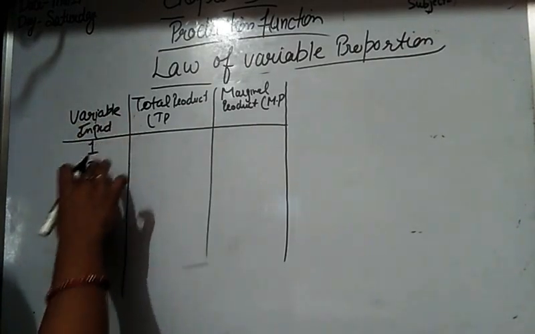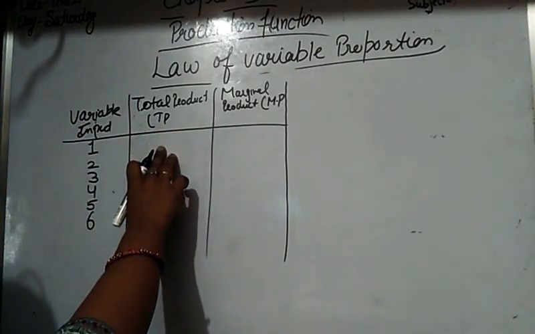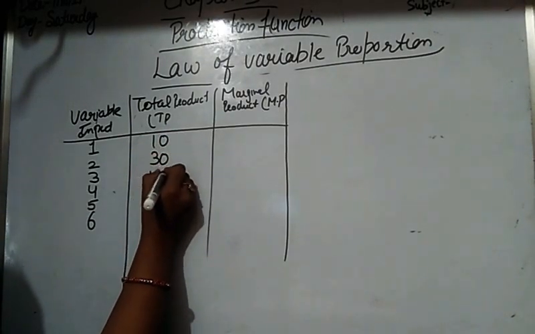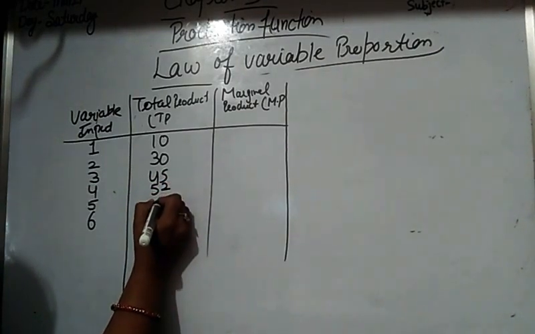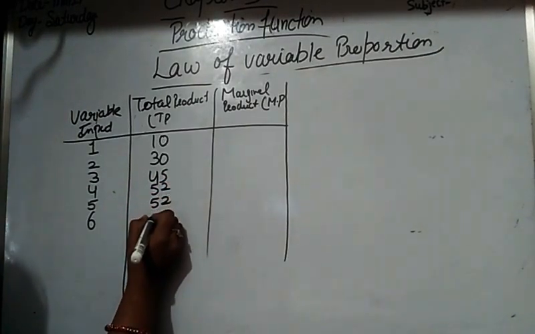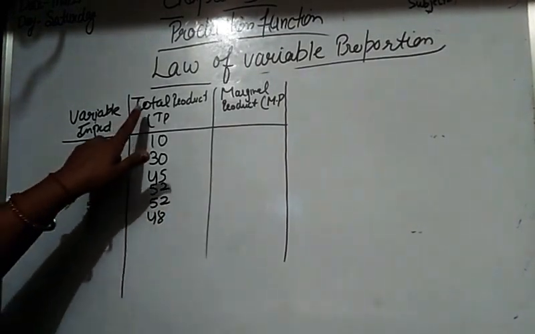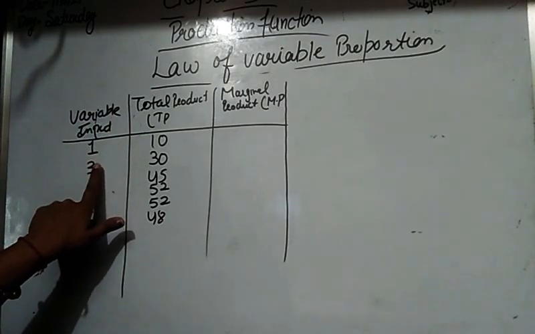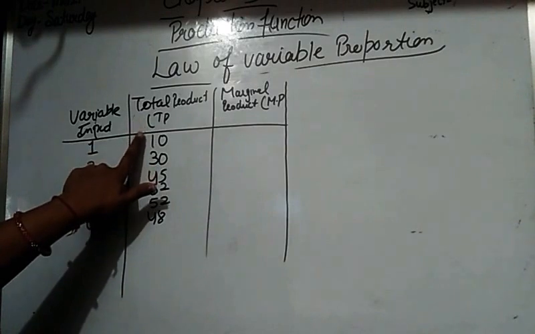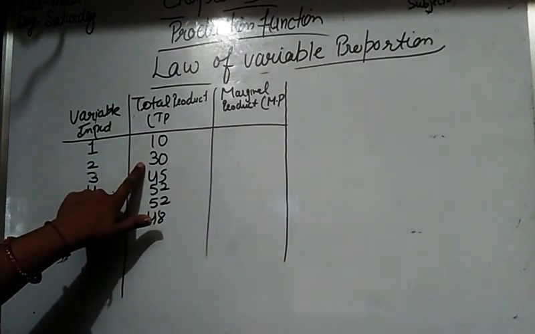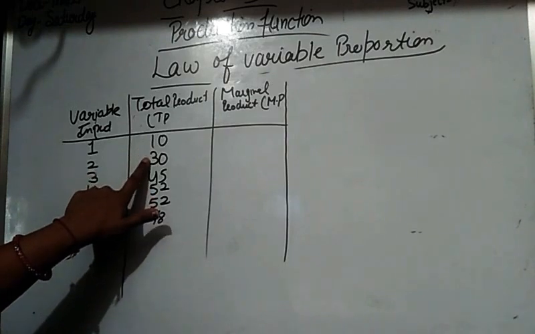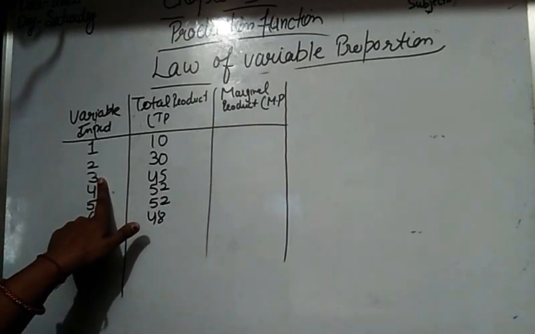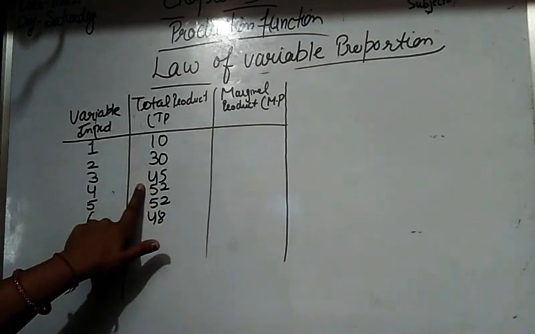As variable inputs are increased, production first increases: 10, 30, 45, 52, after that 48. See, when input is increased by 1 unit, meaning 2 inputs are used, production increases from 10 to 30. So the change in production is at an increasing rate: 10 to 30, 30 to 45. At the use of the third unit of input, production rises at an increasing rate.